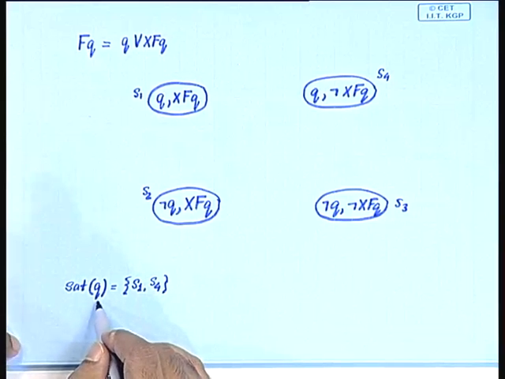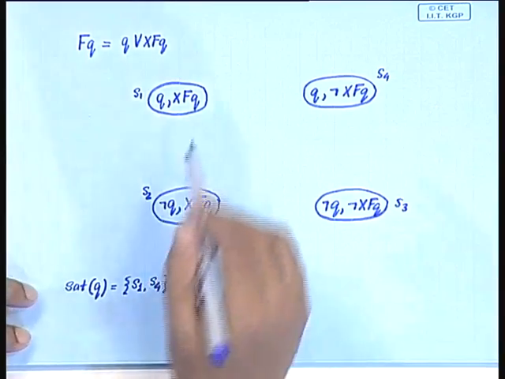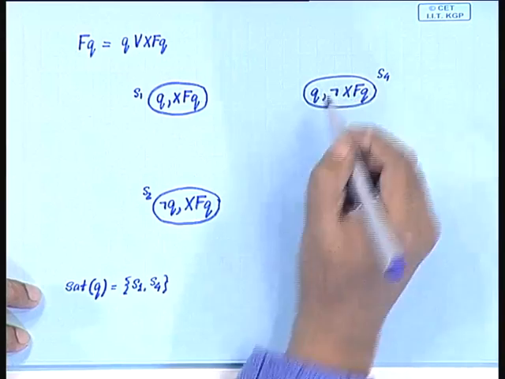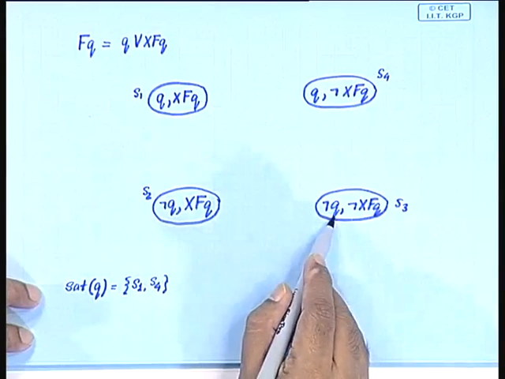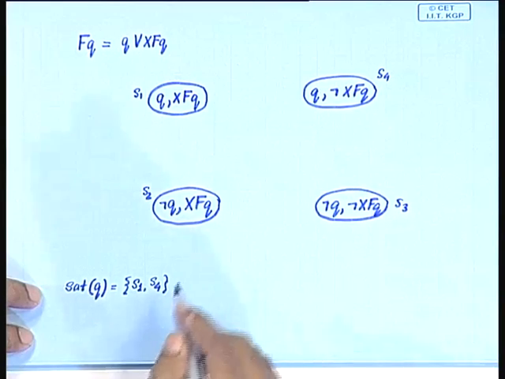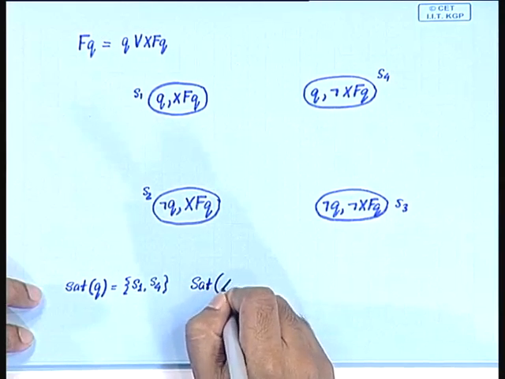Because Q is one of the elementary subformulas, and therefore I know that it is true here and here. It is not true here, it is not true here. So sat of Q is this. What is sat of X F Q?